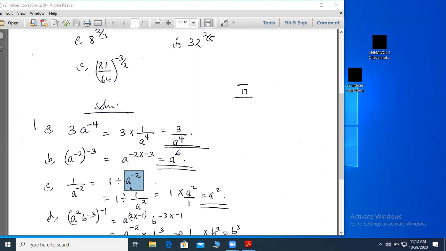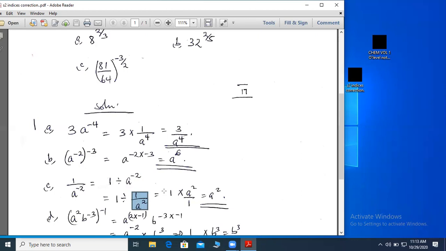We have a to the power negative 2. a to the power negative 2 is the same as 1 over a squared. 1 over a squared, and 1 over a squared. When we are dividing by fractions, we always multiply by the reciprocal.